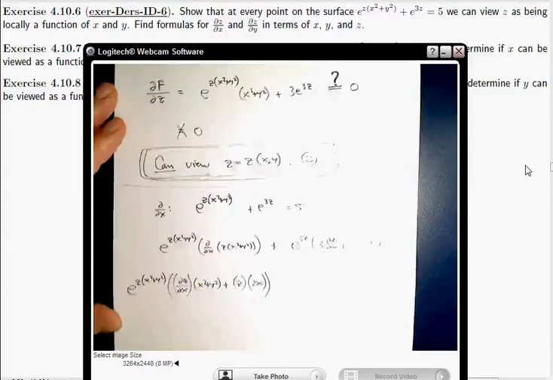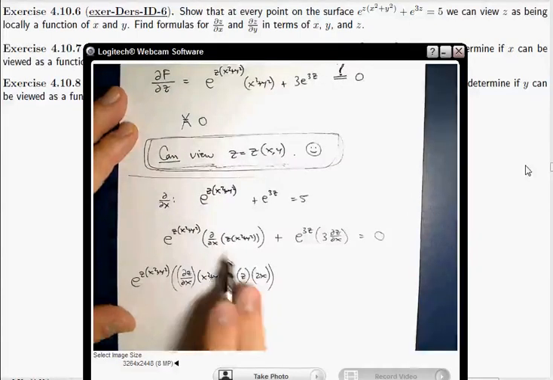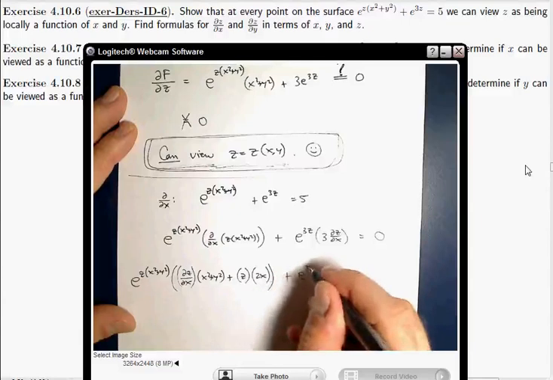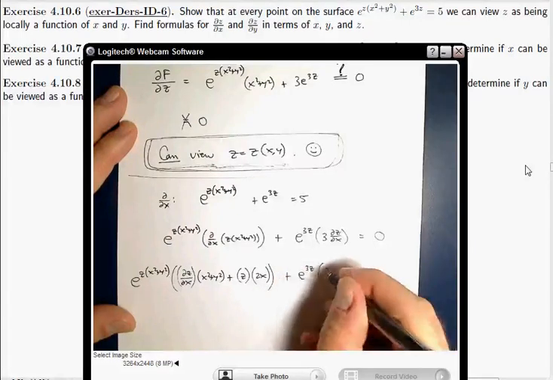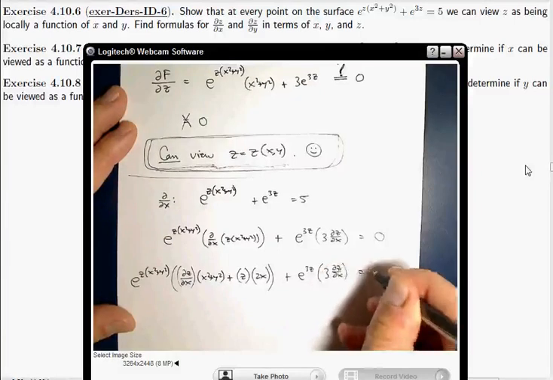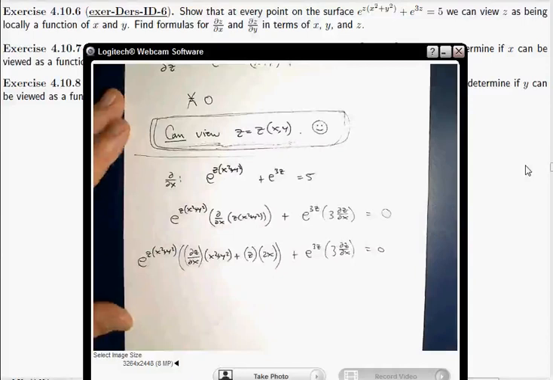Okay, so moving along. So this is what that turns into. Now we have plus e to the 3z times 3 partial z with respect to x equals 0. And now what? And by the way, this algebra looks just nasty.